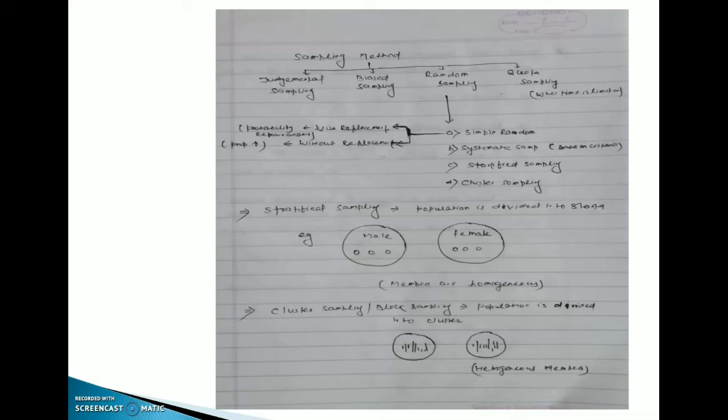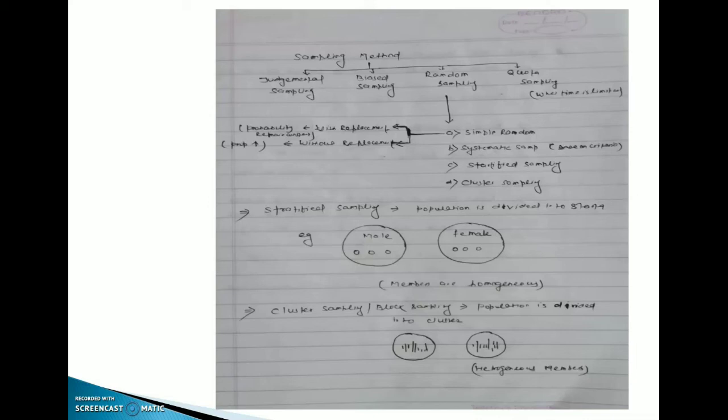So you particularly select one particular sample, that is women, and based on the sampling method, you just get the opinion that most of the women are in favor of women reservation. This is one kind of example of biased sampling.